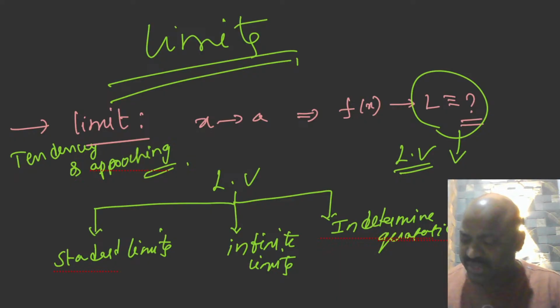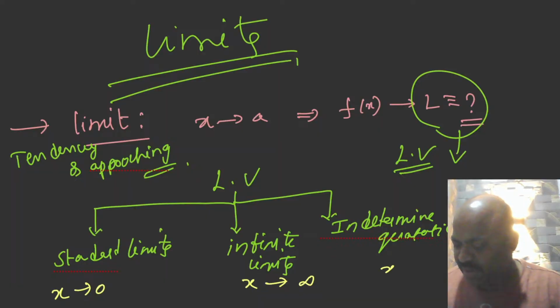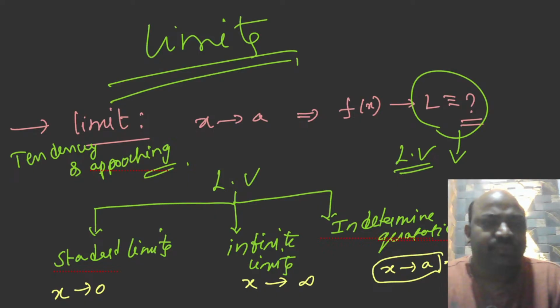Standard limits are the limits when x is approaching 0, when x is approaching infinity, or when x is approaching a, which may be 0, infinite, or some constant k, whatever you have. Clear? Simple. That's it, limits. Now we will do one by one.